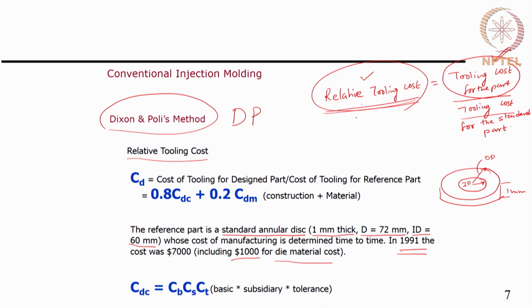This relative tooling cost is called CD, the cost associated with making the tool. This cost component is further decomposed into two elements: die construction cost and die material cost.